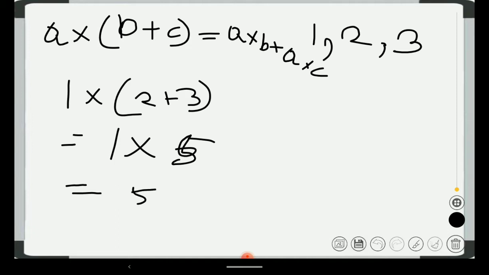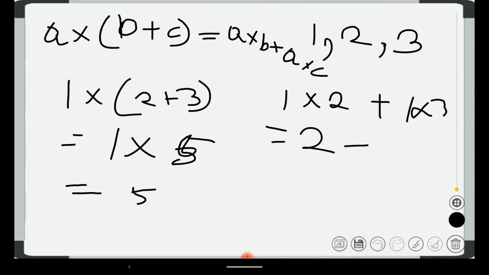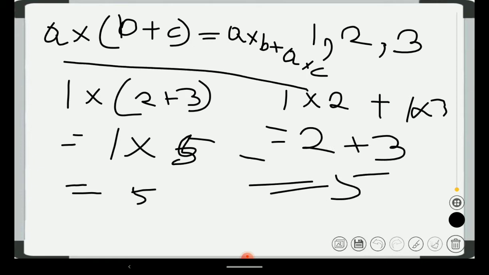Now 1 into 2 plus 1 into 3, which is equal to 2 plus 3, which is equal to 5. So as you can see, these two are equal. So I have proved it to you.